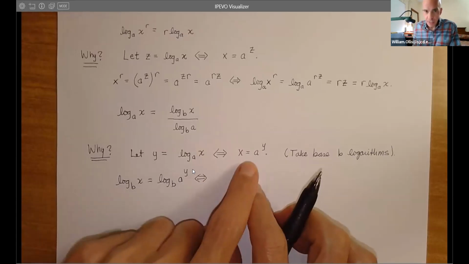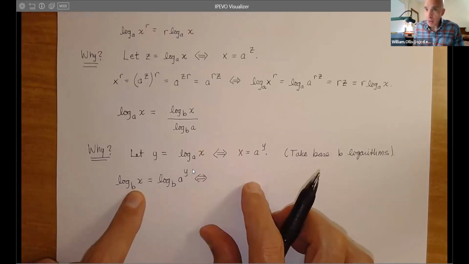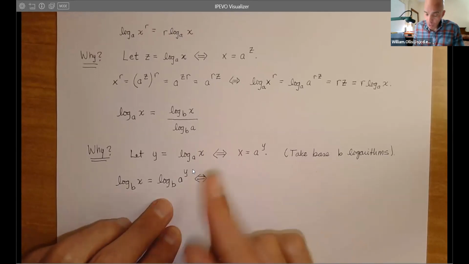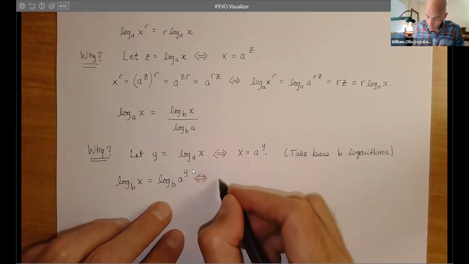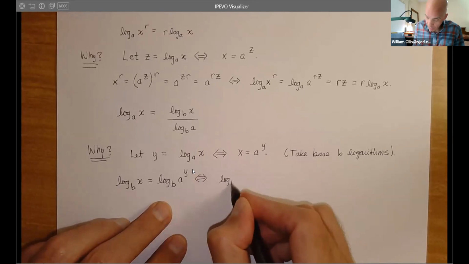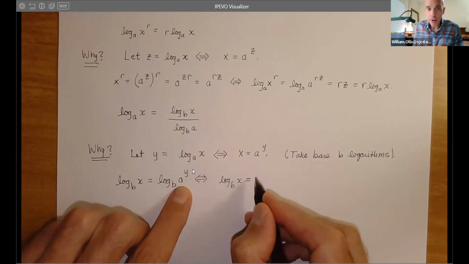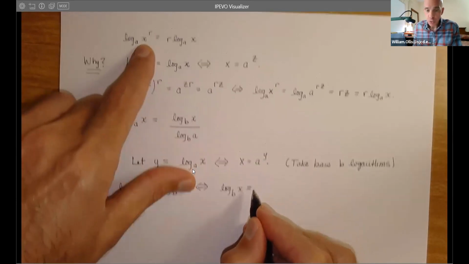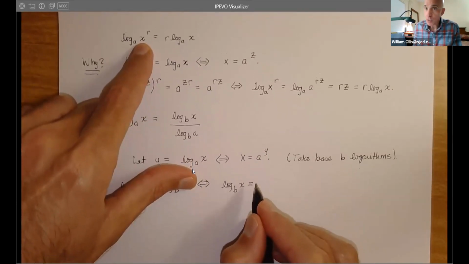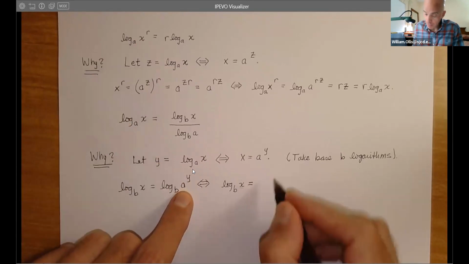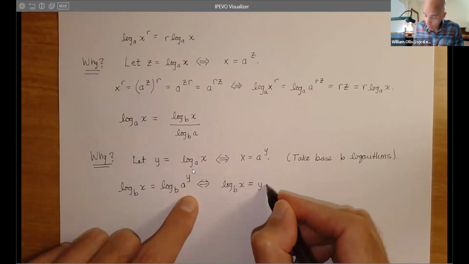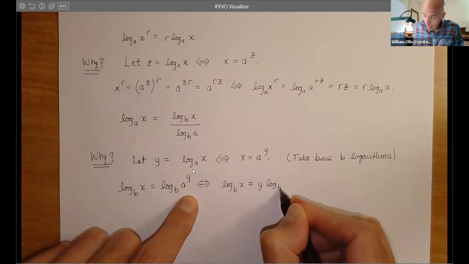So we take this equation and we take the base B logarithms. And now notice we can use the power rule. So we have the base B logarithm of x equals, again, this works for a fixed base. This is true for all bases, if fixed or variable. And so the y can come down as a coefficient. So we have y times the base B logarithm of A.